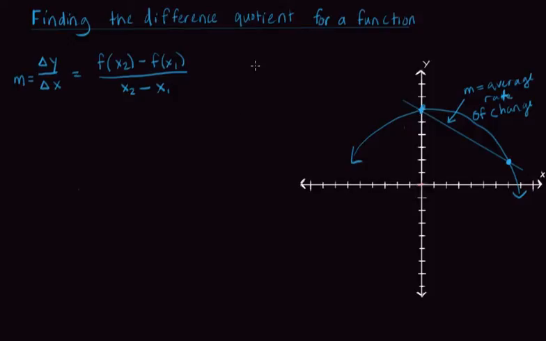Let's make this x2 comma f of x2. Oh, I'm going off my page here. Let me write a little bit smaller.